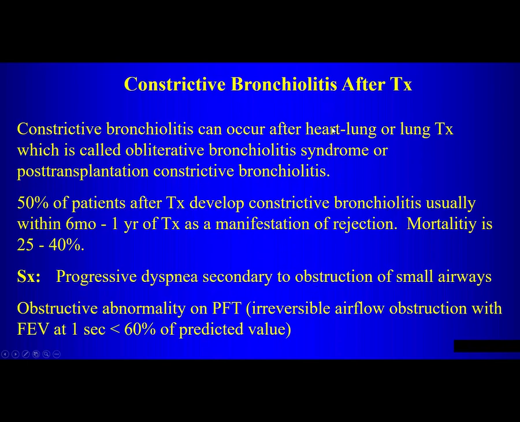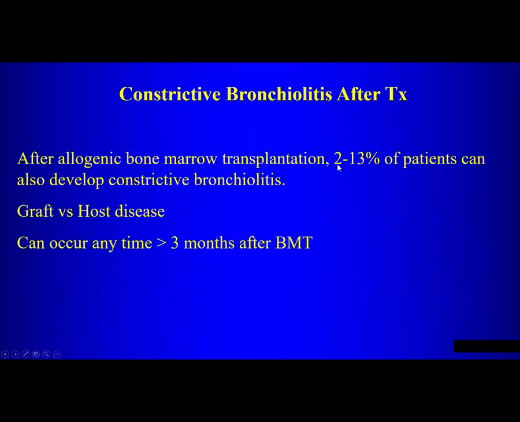So after transplant, it can occur after heart-lung transplant or lung transplant. 50% of patients after lung transplant can develop bronchiolitis obliterans between 6 months and a year as a manifestation of rejection. So these patients are followed with pulmonary function tests to see if they're developing any obstructive physiology, because that's a sign of rejection, and they will get progressive dyspnea.